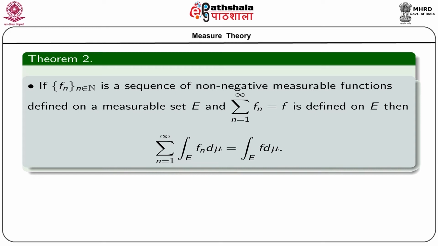But for Riemann integration, for an infinite series of functions Fn, this result does not hold. So, we again have another advantage of Lebesgue integration over the process of Riemann integration.